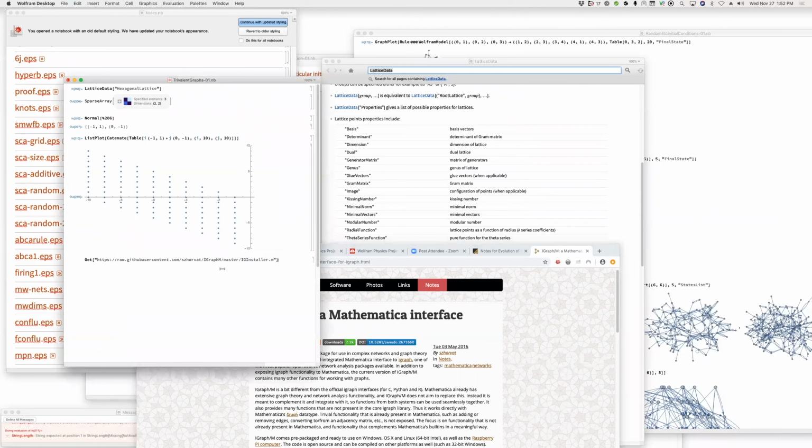All right, but let's try this. What the heck? You need to retype it, right.